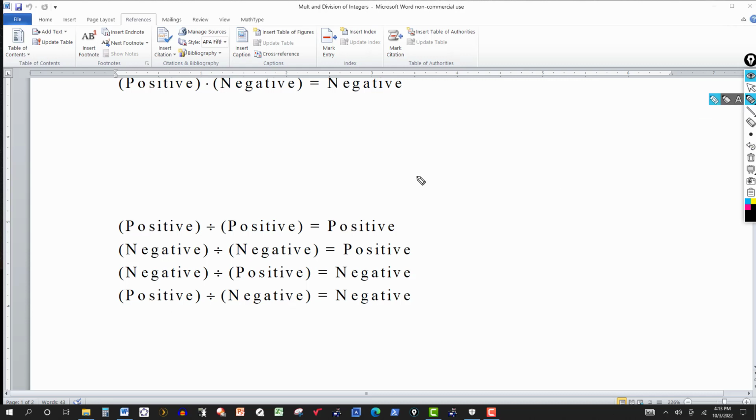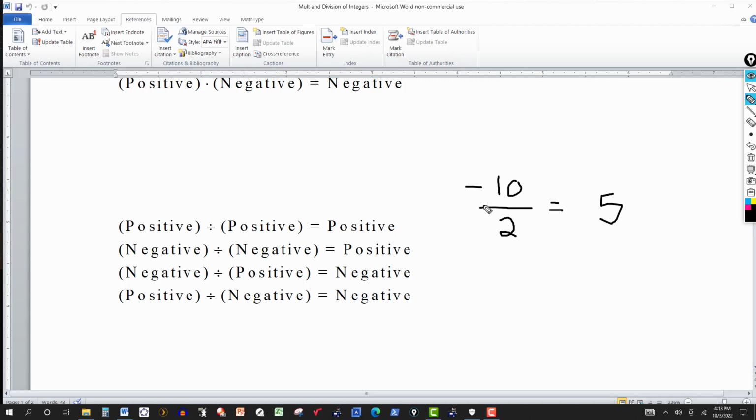So just look at a few examples here. Negative 10, I'm just going to put it over, say, 2. So that's the same thing. When I write negative 10 over 2, that's the same thing as saying negative 10 divided by 2. So just look at the numbers. 10 divided by 2 is 5.